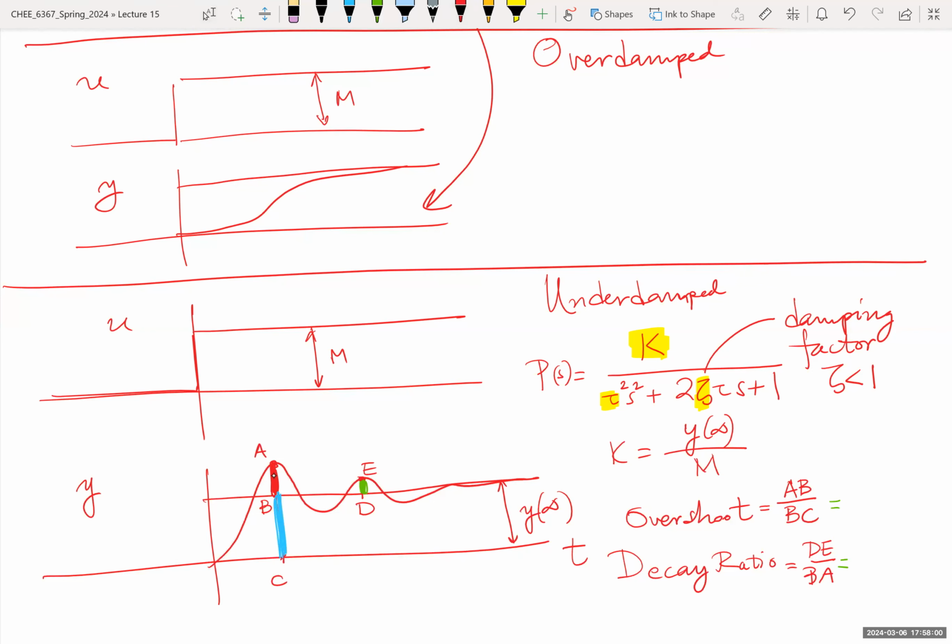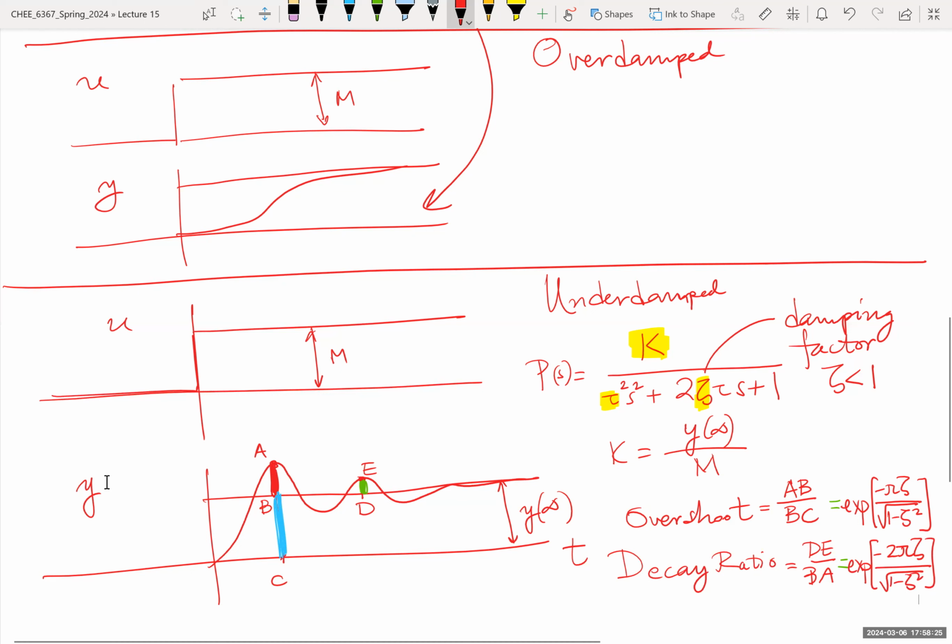You can show that the overshoot is e to the minus pi zeta over the square root of 1 minus zeta squared. Or the decay ratio is equal to the previous one squared, e to the minus 2 pi zeta over the square root of 1 minus zeta squared.